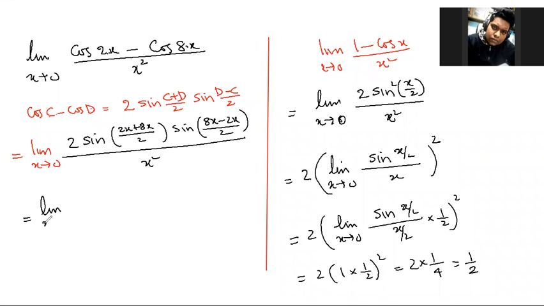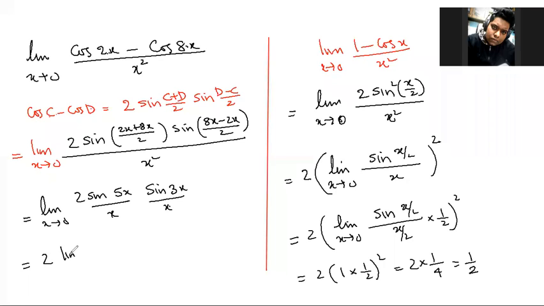Now we'll calculate this bracket: sine 5x into sine 3x. This x square is split as x into x, one x here and one x here.